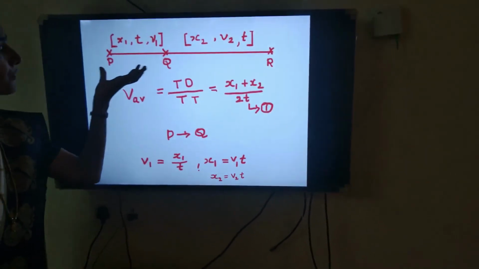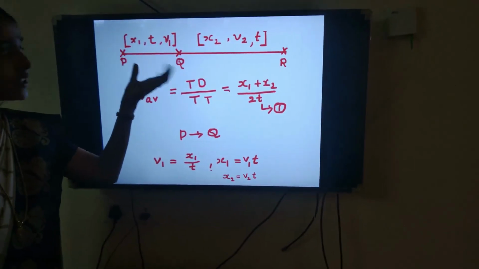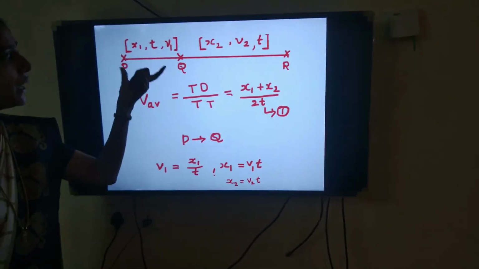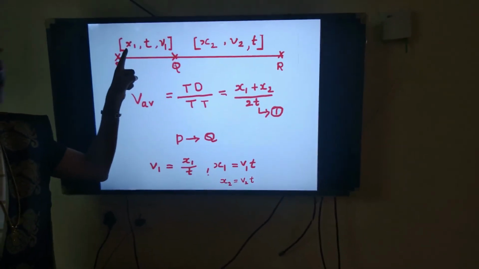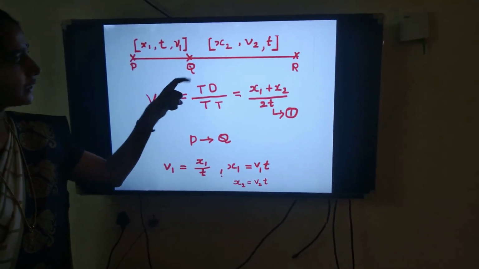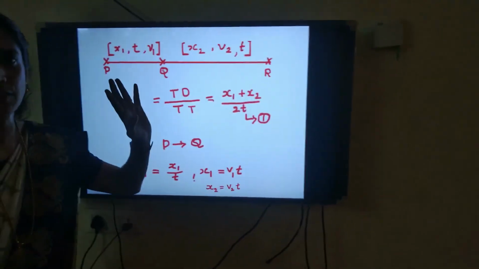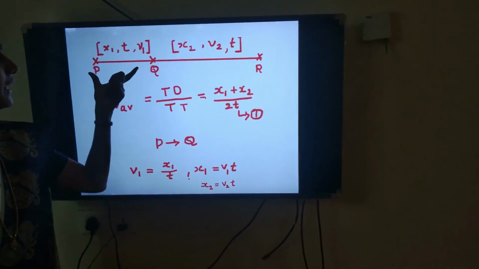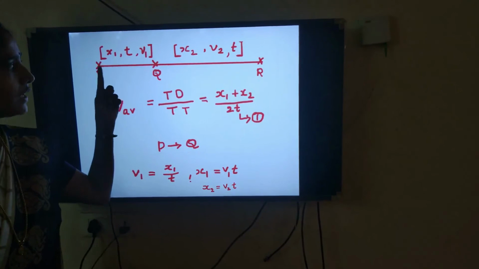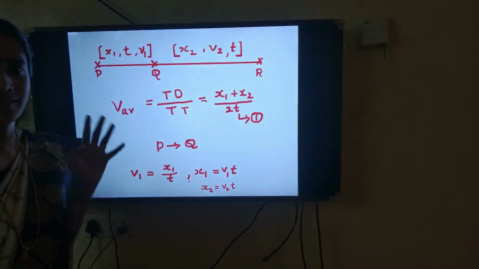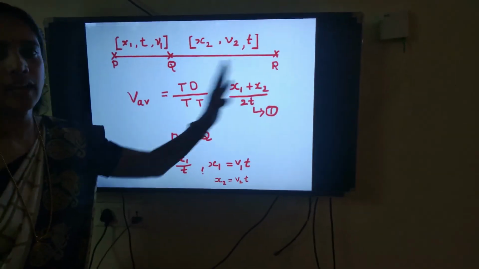But here the person travels from P to Q, there can be any distance here, it is x1 with some average speed v1. Then he travels from Q to R, another distance x2 with some average speed v2. But the question says he takes the same time for traveling from P to Q and Q to R. In such cases, how do we find the average speed?